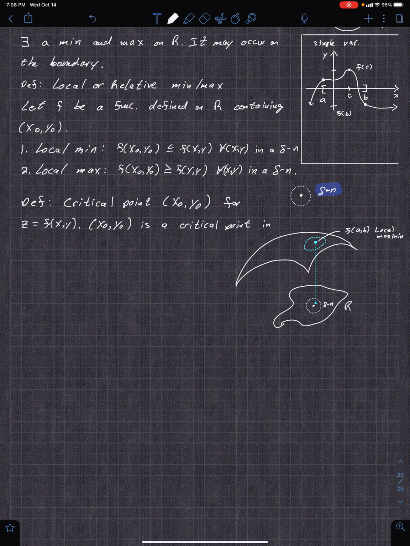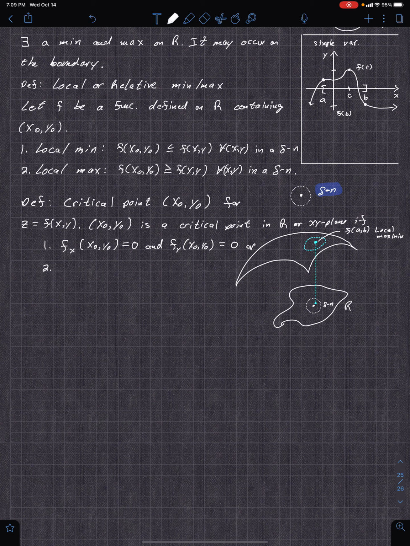I'll just say in a region R or in the xy plane, wherever the function f of x, y is defined, if one, the partial of f with respect to x at x naught, y naught is equal to 0, and the partial of f with respect to y at x naught, y naught is equal to 0.